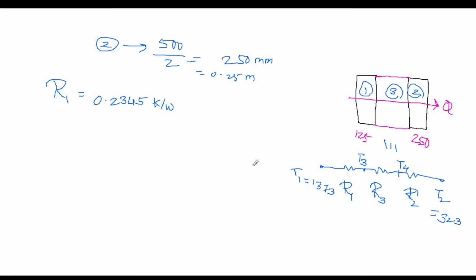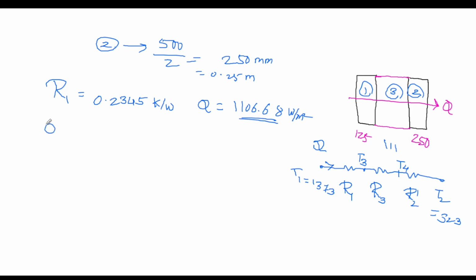They tell us that Q will remain the same as that of the initial, which is 1106.68 watt per meter square. Here we consider area as 1 meter square, so it is in watt.